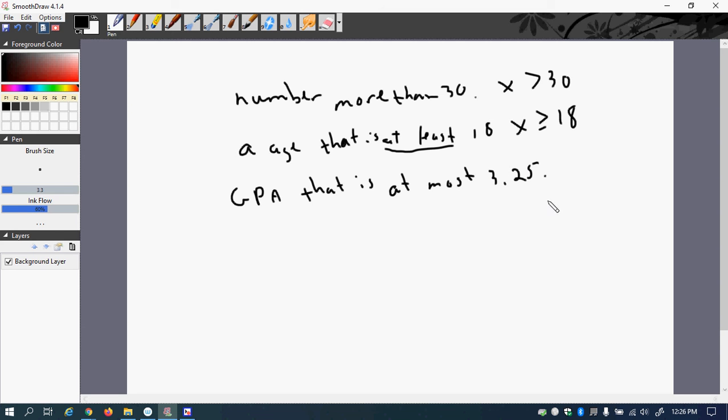And so that would also be what? The x less than or equal to 3.25. And so these are nice things to be aware of, so that you can translate these words into the inequality that you're wanting. And it's very helpful to do that. So be aware of those particular words that come up in your homework and quizzes.